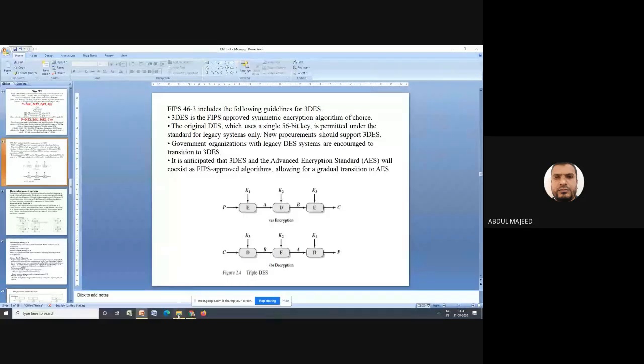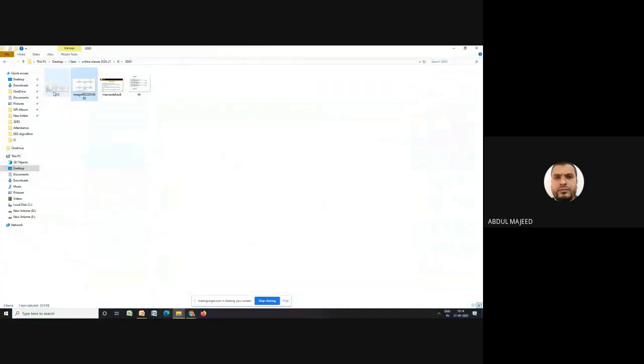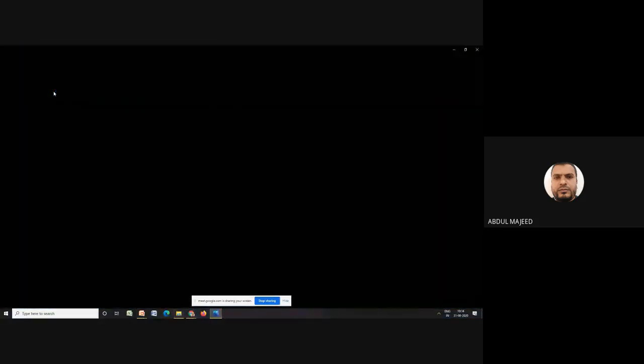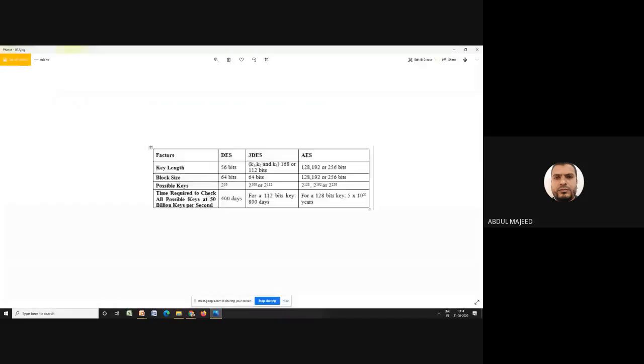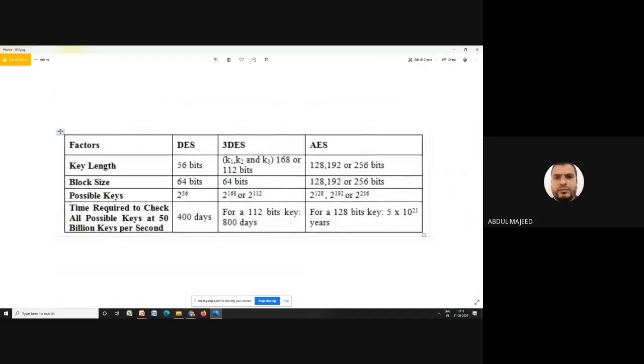Just now I have shown you the differences. Only these differences are there to improve the security. Next is AES. In the next class we will see the AES algorithm.